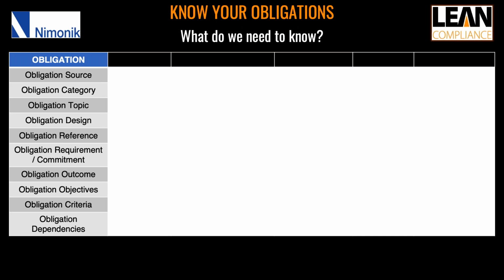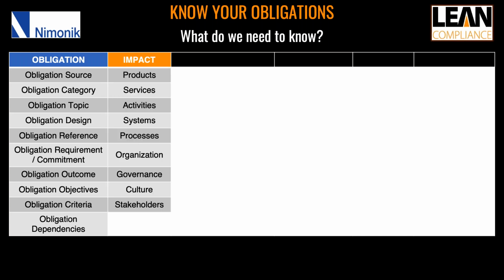So that's a very comprehensive list that deals with the obligation itself. And we certainly need to know these things. We also need to understand the impact that these obligations, these commitments and requirements, have on our business. So we need to know the impact on products, services, activities, systems, processes, on the organizational structure.